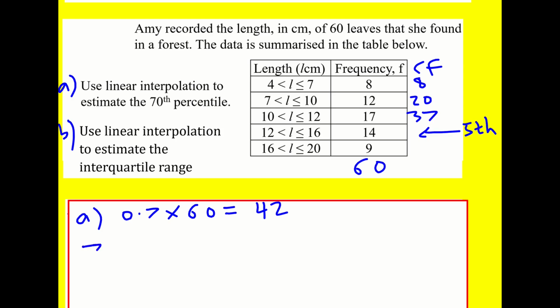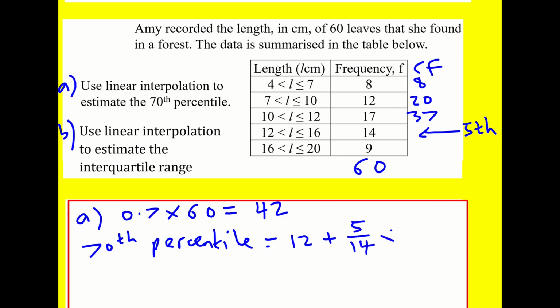So for the 70th percentile, it's going to equal the lower bound 12 plus the fraction that I'm going up, same sort of stuff as before, 5/14, times it by the width, which is in this case 4. And hey presto, we've got the 70th percentile. I'm just going to write it straight down as 3 significant figures, 13.4.